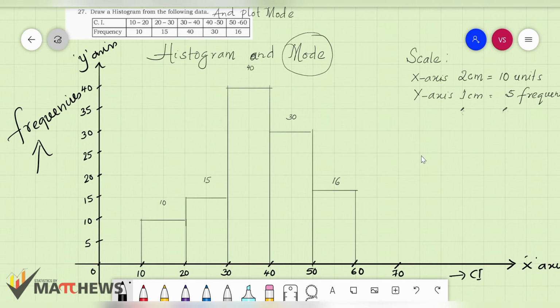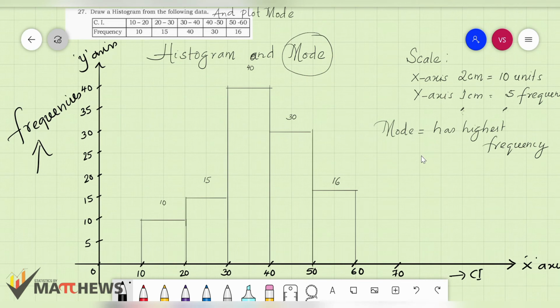Okay, now the mode. Mode is a value which has the highest frequency. Highest frequency means what, students? It is the value which is repeated the most number of times.